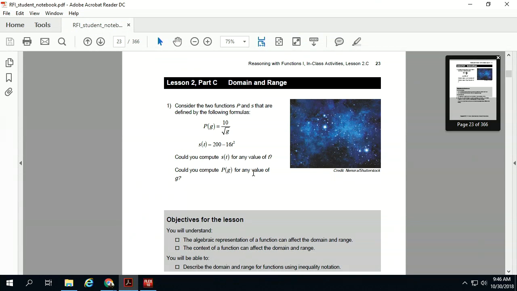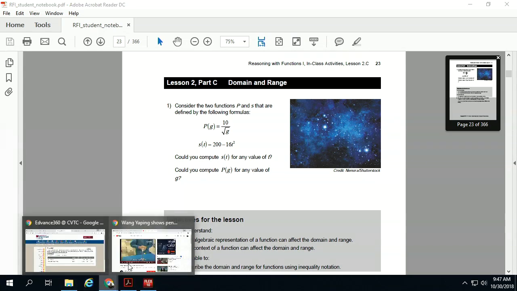Are there any numbers that we can't square? Are there any numbers that we can't multiply that number by 16 and subtract it from 200? We will get negative numbers, correct? But we certainly aren't going to not be able to do it. I'll show you the graph here of this problem.